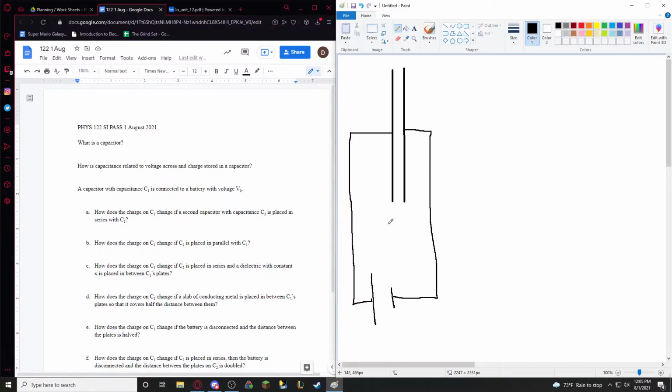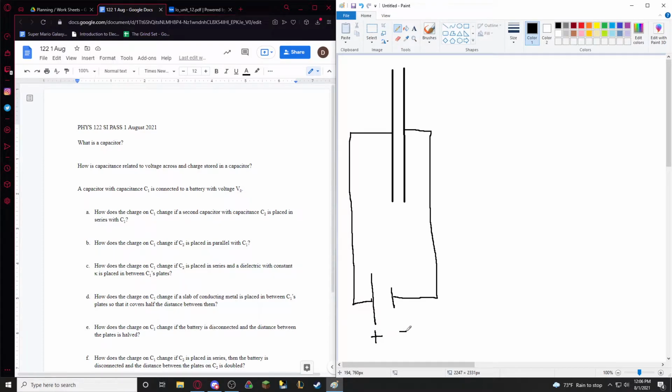Wait, no. The battery on the top is positive, and on the bottom negative. I was talking about the battery, but it's left to right. Okay, sorry, I was looking the completely opposite way. The left is positive, the right would be negative.